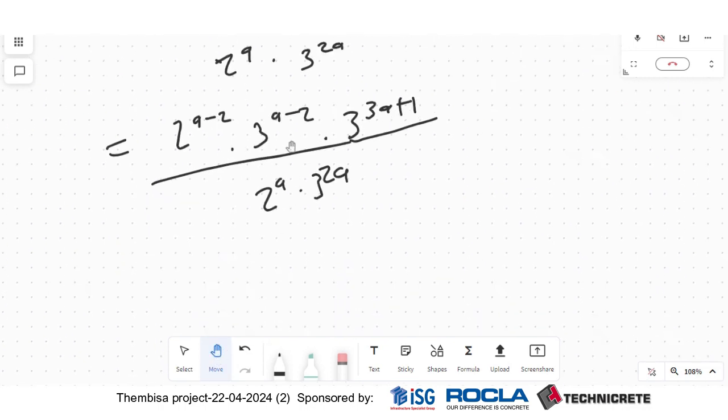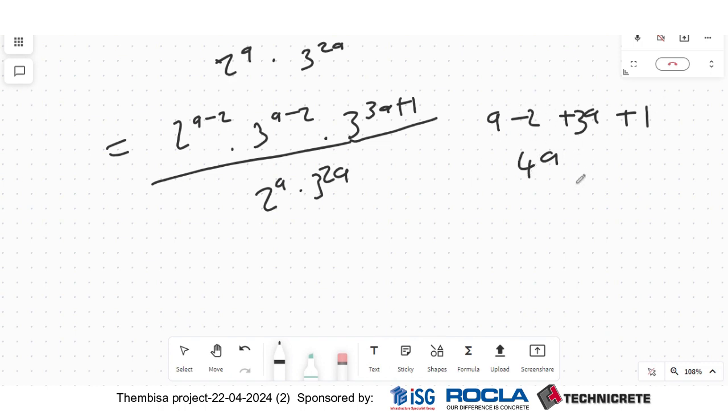Now we can combine this 3 to the power of a minus 2 and 3 to the power of 3a plus 1. Because we know if the bases are the same and we're multiplying, we can add these exponents. So if we have a minus 2 plus 3a plus 1, a plus 3a is going to give us 4a.